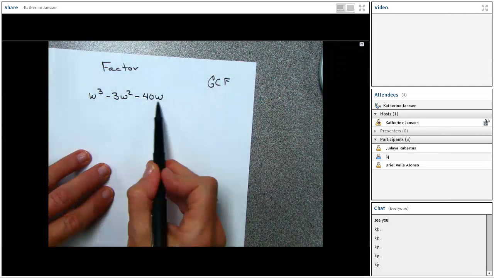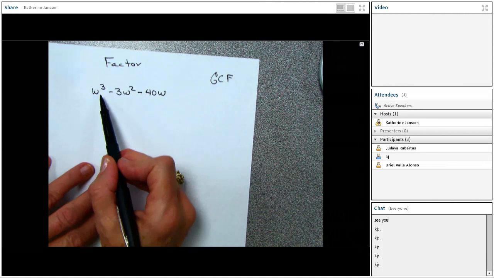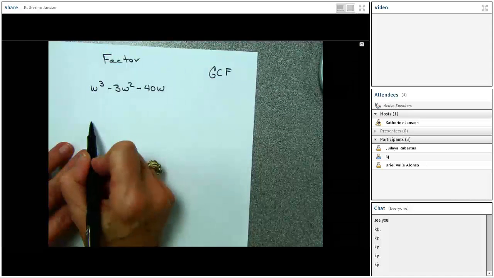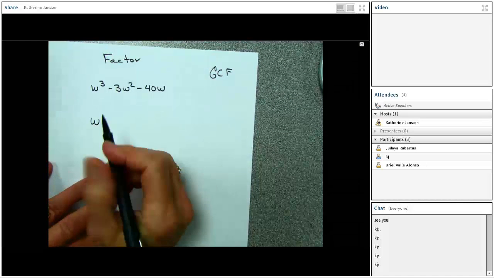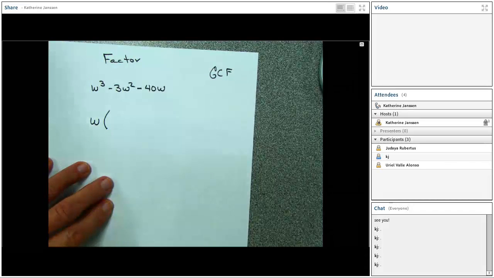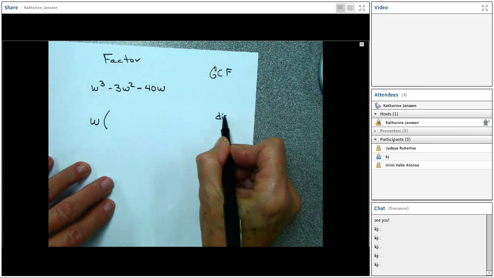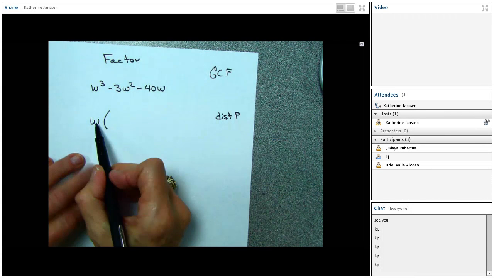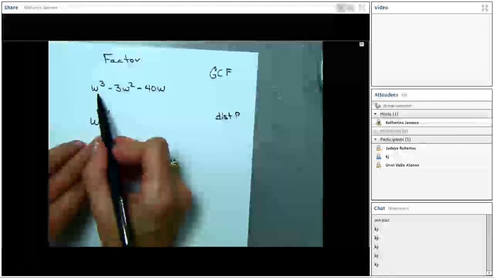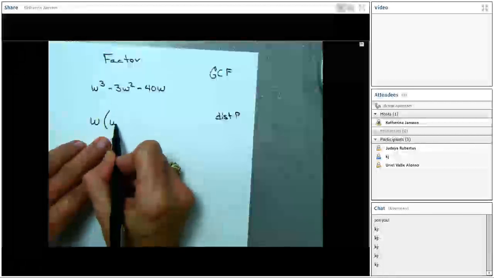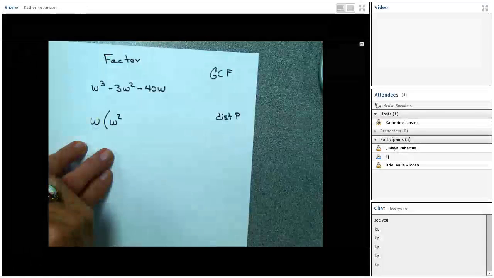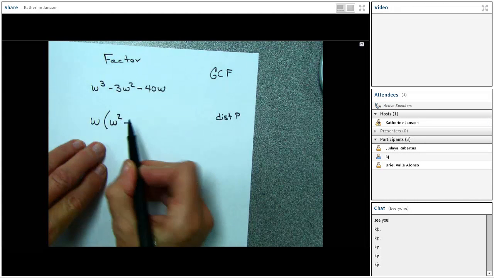So do you see a common factor in these terms? W to the first degree. So I'm going to use the distributive property in reverse. W times what would give me W cubed? W squared. Pick up your sign.